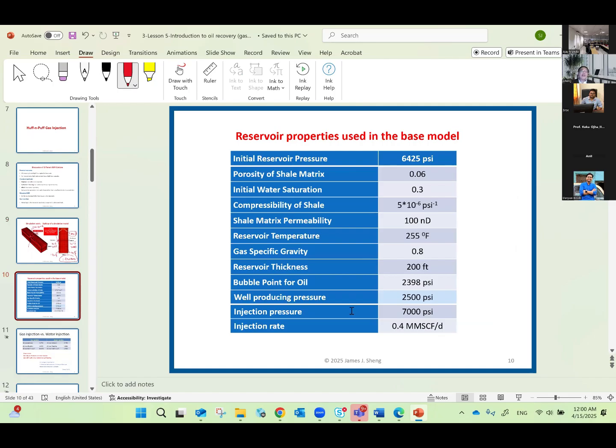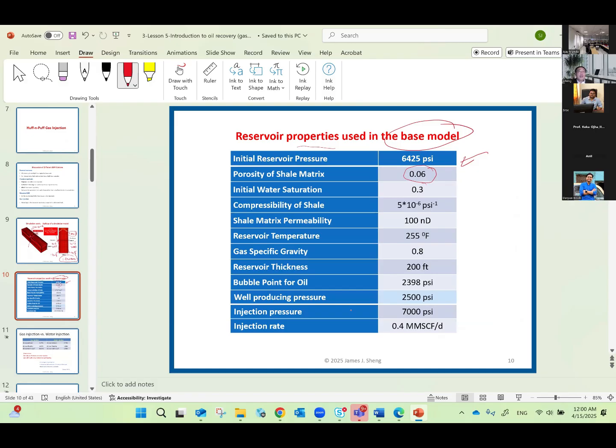Okay, here are some parameters. Reservoir properties. It's the base model. We have initial pressure 6,425, velocity 0.06. You can see that now velocity is low, right?